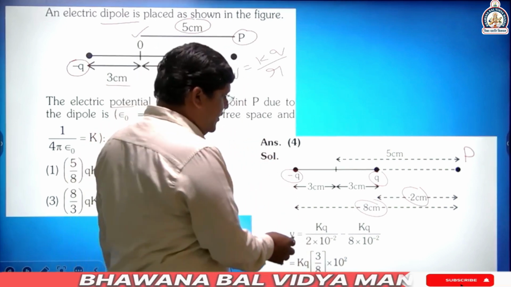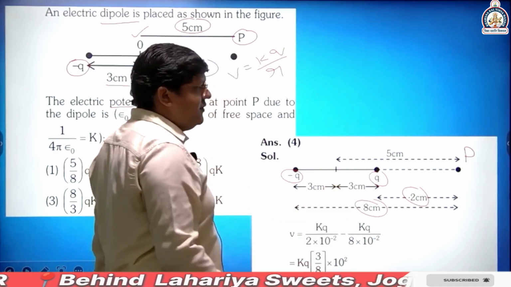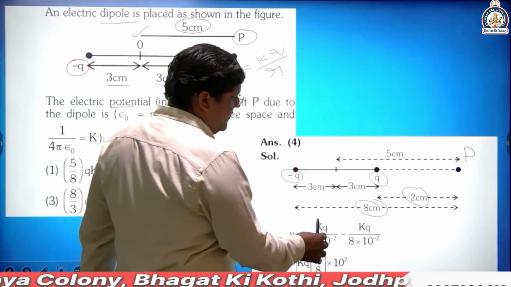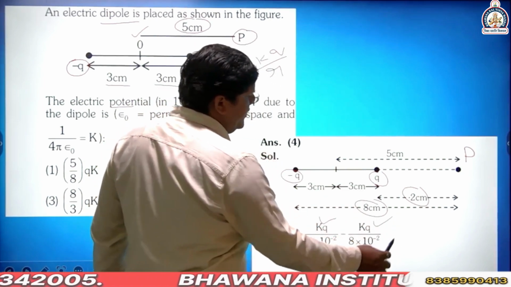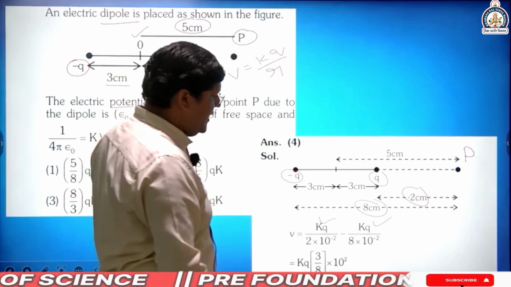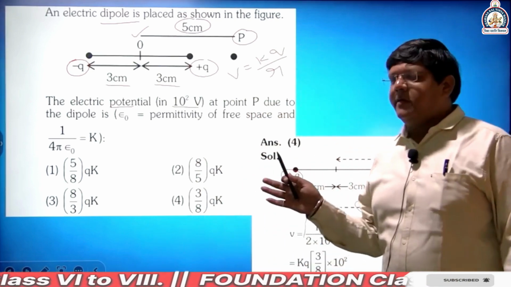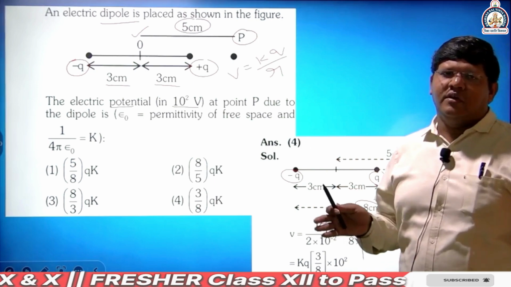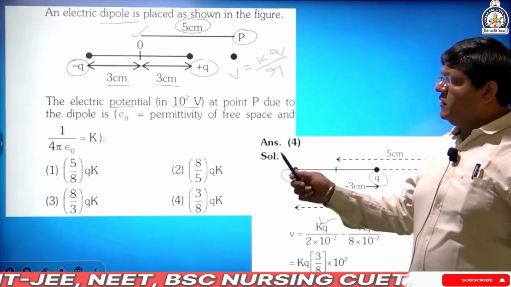Putting the values, kq upon 2 into 10 raised to power minus 2, because plus q is nearer to point P, we first write the potential of the plus q charge, and then the potential of the minus q charge, and solving we get kq times 3 by 8 into 10 raised to power 2. Because at point P there will be potential of minus q and potential of plus q, that's where we have calculated the net potential due to both the charges.